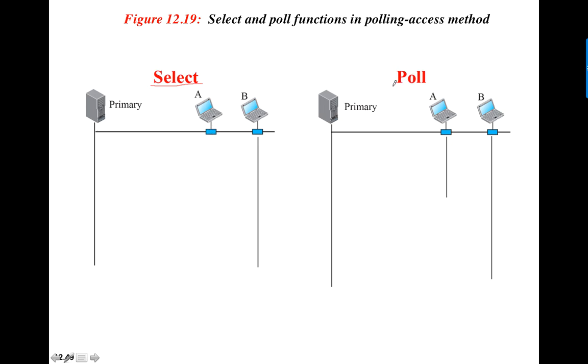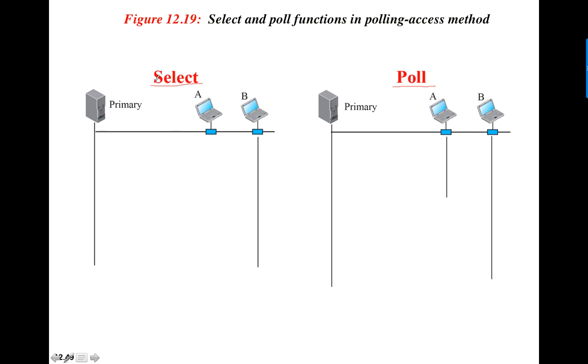In the poll method, the secondary device wants to send something to the primary, but they cannot do anything until the primary contacts them. So until the primary device contacts the secondary device, they will wait patiently. Okay, this is for poll.